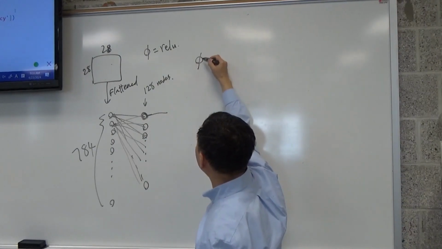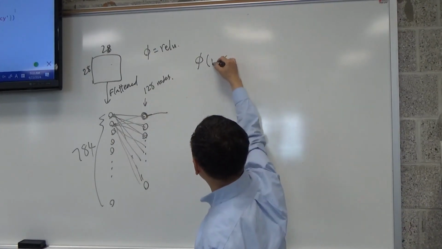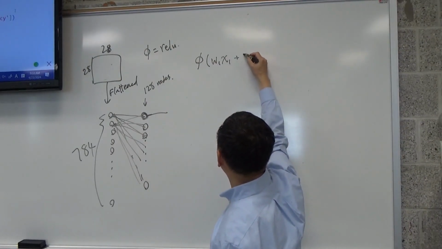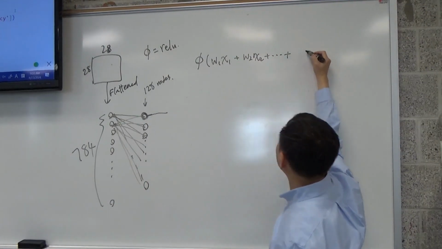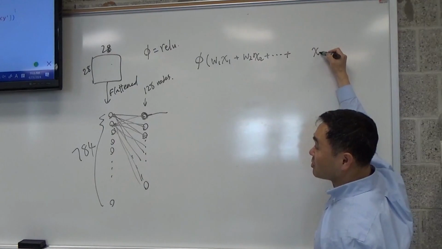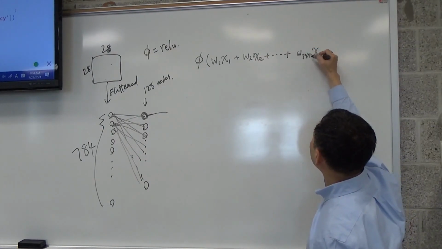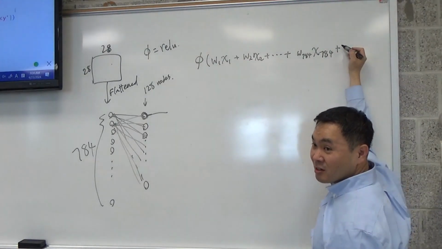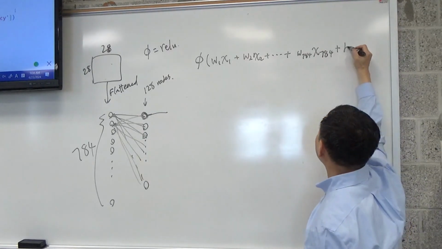It will be phi of input x1 times the weight 1, plus weight 2 times x2, all the way up till the last one, weight 784, plus the last number, B1. What's that called?